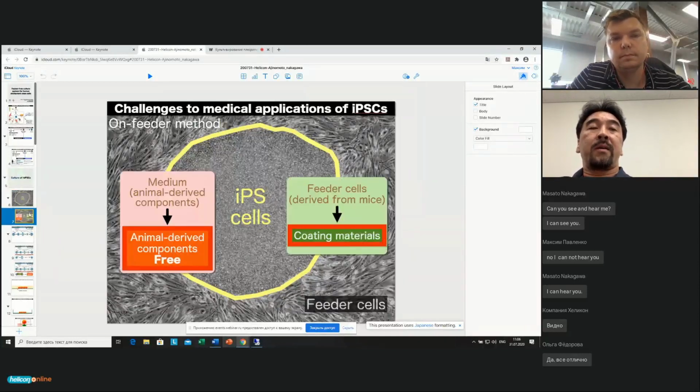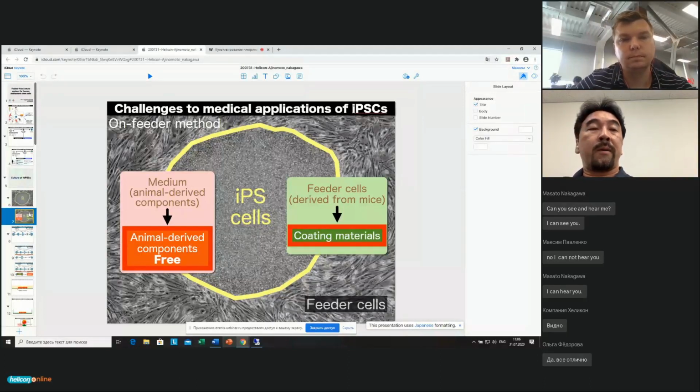There are several issues, mainly two. One is related to the medium and the other is related to the feeder cells. Between the two issues, a common issue is the presence of animal-derived components.